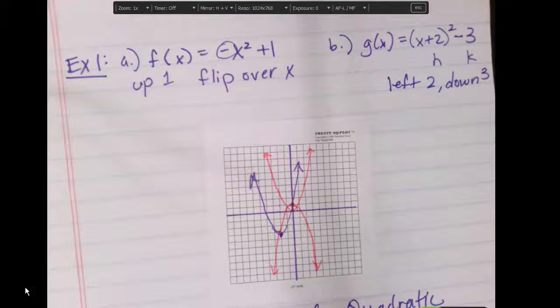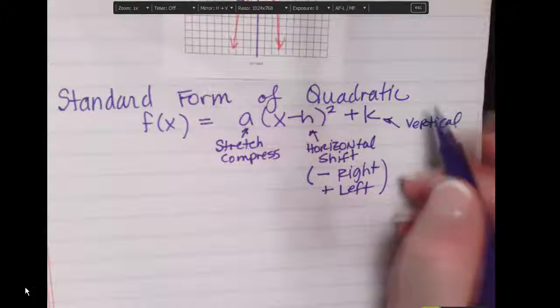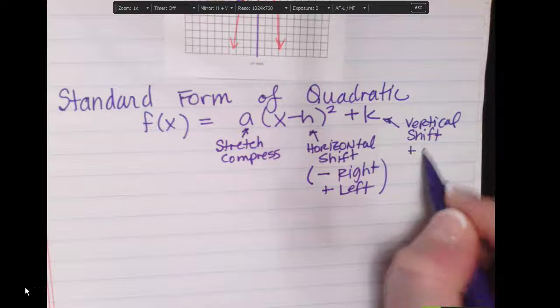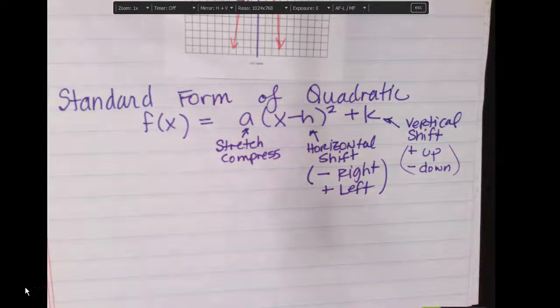Then here we have our vertical shift, and this time positive is up, negative is down.